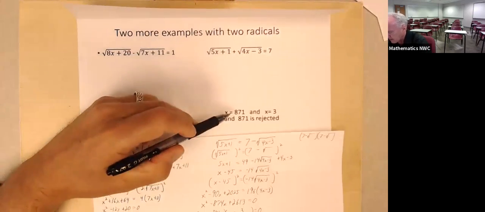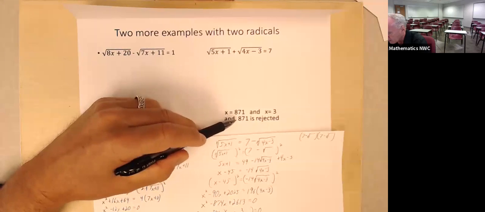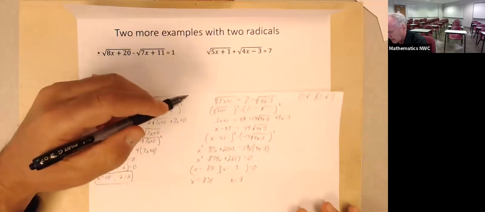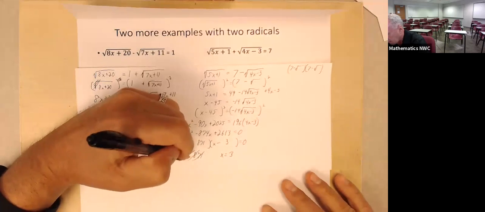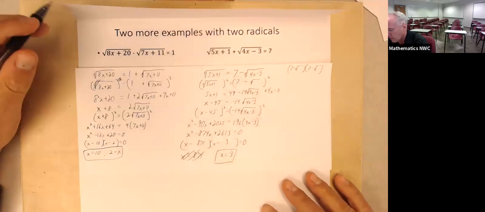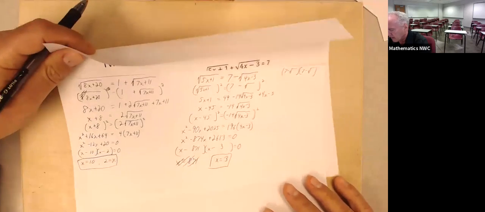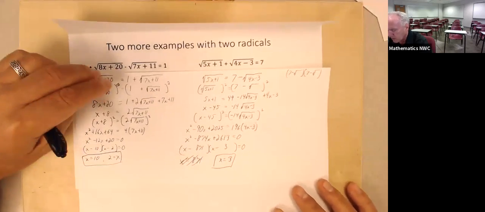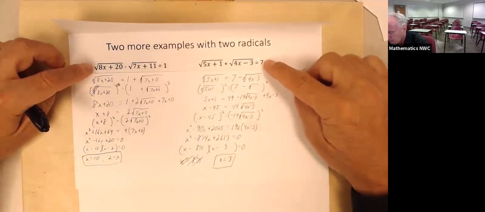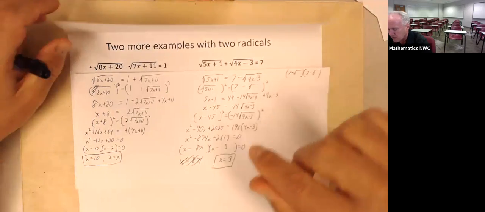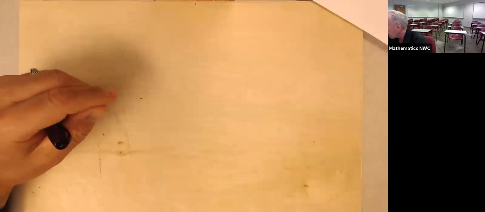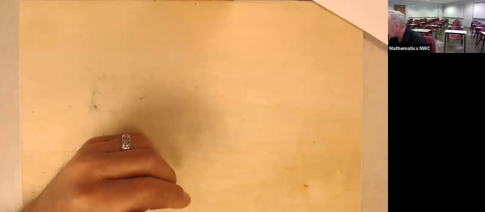As it turns out, the 871 is rejected, the 3 is not. The 871 will not work, the 3 will. Pretty involved problems. If you can do these two, these are by far some of the more challenging ones in this lesson. Okay. Then I have one final concept here to work through.